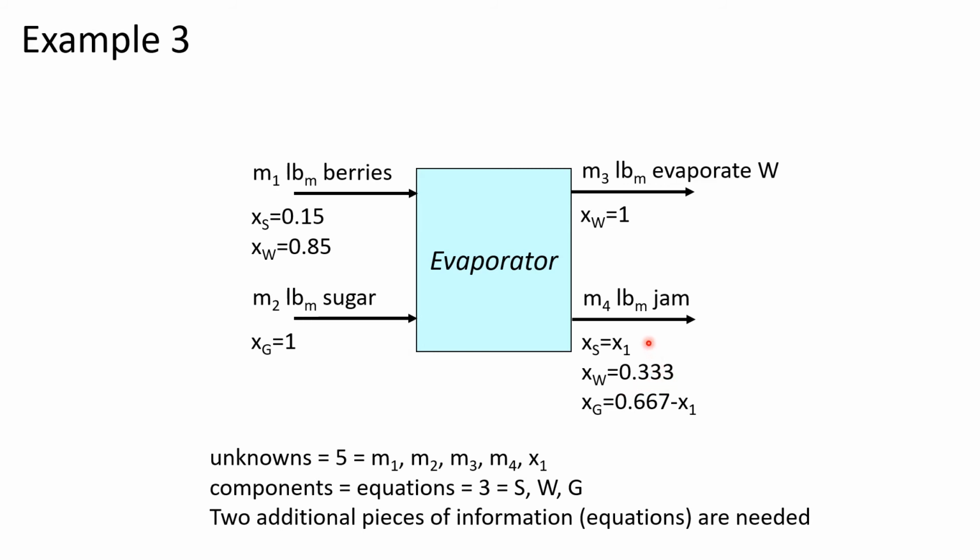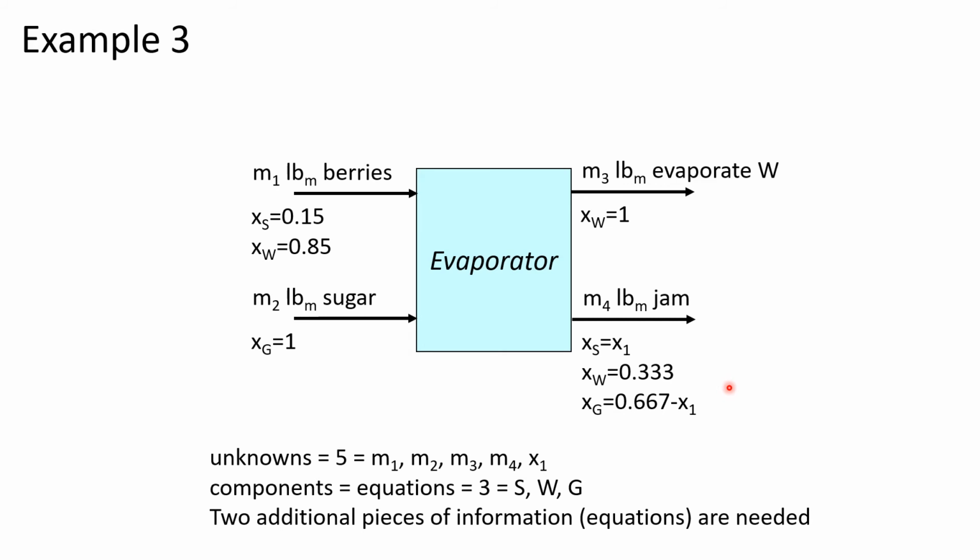We don't know the solids composition, so we'll represent it by the variable x sub 1. And then the fraction of sugar we can calculate by requiring the fraction of sugar, when added to the fraction of water, when added to the fraction of solids, to sum to 1. And that tells us that the fraction of sugar has to be 0.667 minus x sub 1. We can check that by adding x1 to 0.333, then adding that to 0.667 minus x1. And if you do that, you'll find you do get 1 when you sum these up.